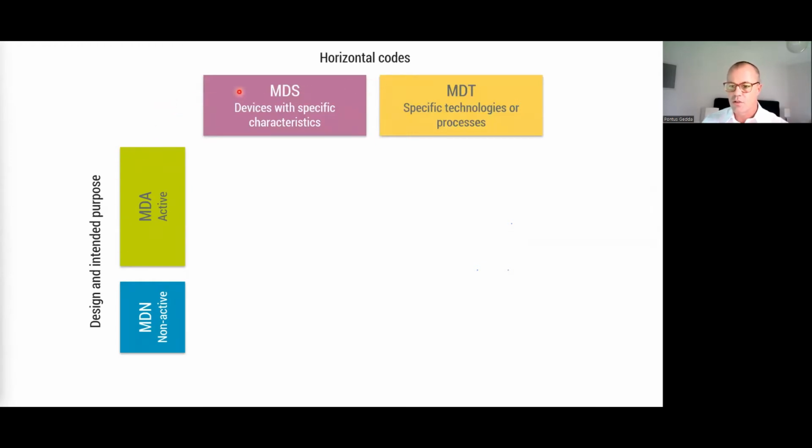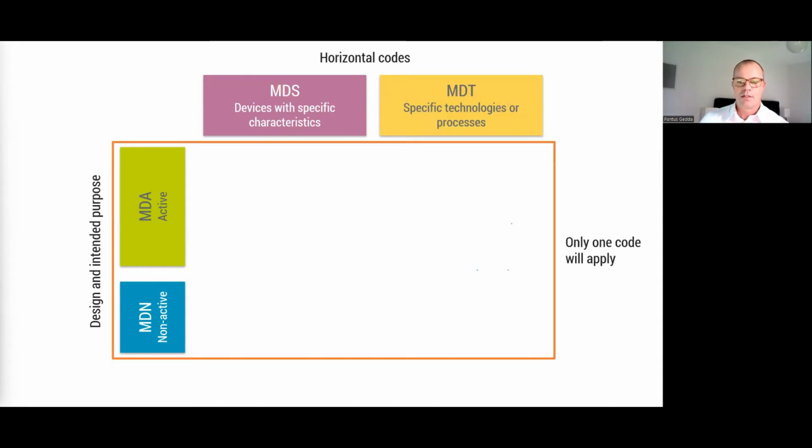They are also divided into two categories, one for specific characteristics of the medical device, the MDS codes, and the other for specific technology or processes related to the manufacturing of the medical device, the MDT codes. When it comes to MDA and MDN codes, the manufacturer and the notified body need to agree on one applicable product code for each device, either an MDN or an MDA code.